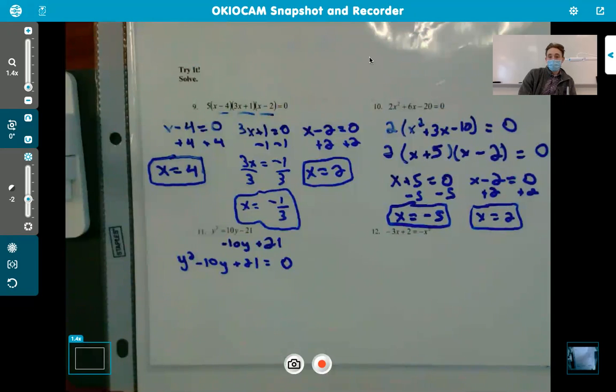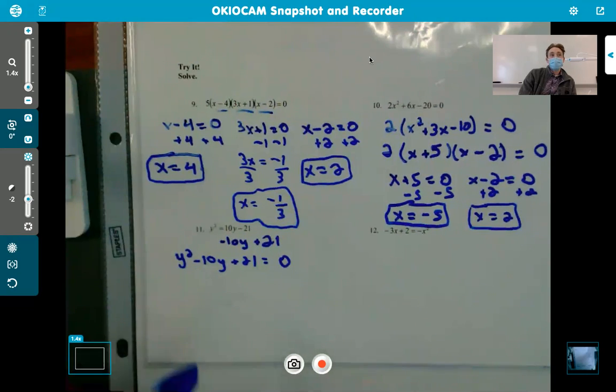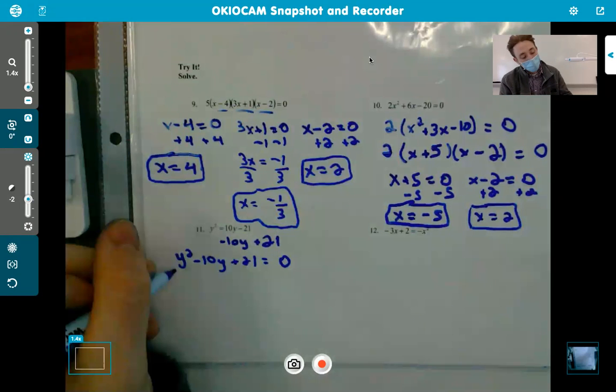Now I have everything on one side. It's equal to 0. I want to think about my different factoring methods. Do I have a GCF? No. Do I have a special pattern? No, right? y squared minus 10y plus 21. 21 can't be broken down into the same number twice, being multiplied together. I have a 1 in front of my y squared.